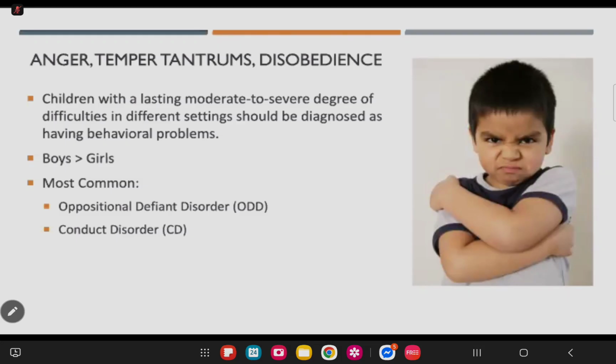Conduct disorder is a more serious condition where typically it is not diagnosed until adolescence. Adolescents with conduct disorder may violate social rules that involve breaking the law, and their acts may lead to serious injury. So they are like juvenile delinquents. Okay.